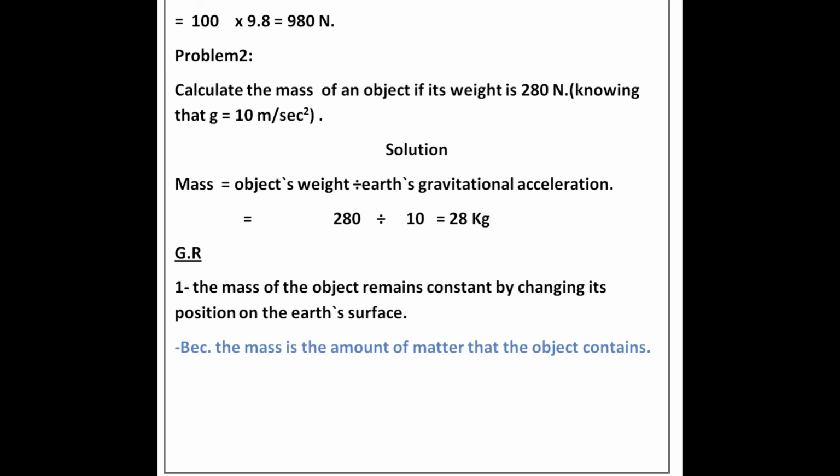The mass is constant. Why? From the definition of the mass: the mass is the amount of matter that the object contains.